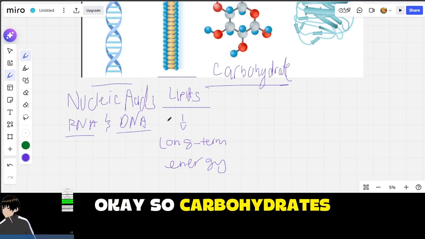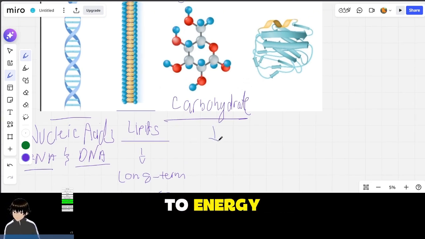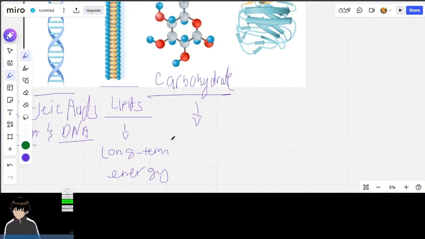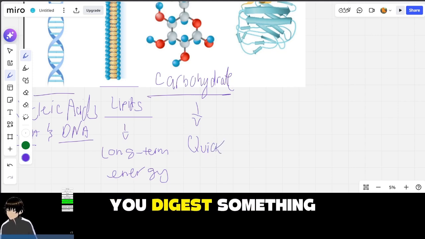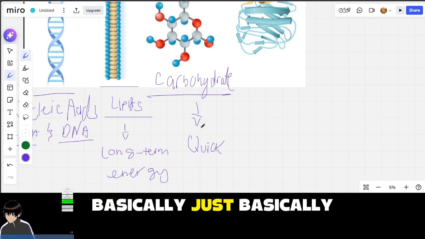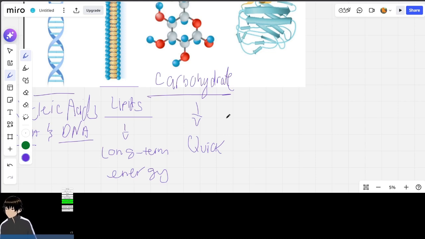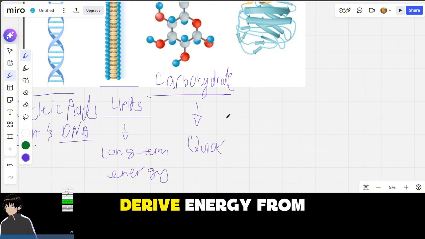Okay, so carbohydrates, as I said earlier, they relate to energy. They relate to storing energy, but this is sort of like quick energy. What I mean by that is as soon as you digest something, the carbohydrates, basically, just my own understanding, sort of help to derive energy from that.